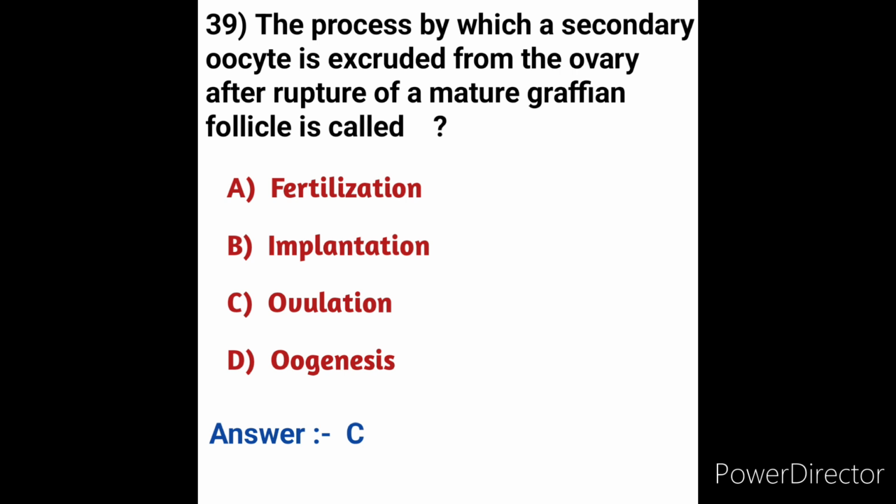Then it can be fertilized. Ovulation occurs about 14 days before the start of the next menstrual period. Here, option C is the correct answer, ovulation. Next, move on to question number 40.